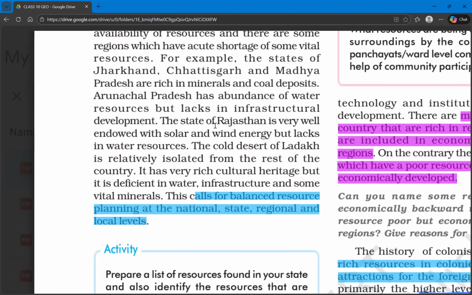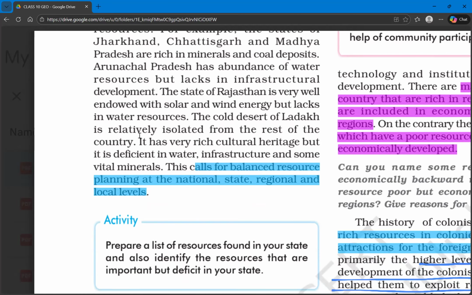Next, the state of Rajasthan is very well endowed with solar and wind energy but lacks in water resources. See, Arunachal has more water but Rajasthan doesn't. And Arunachal doesn't have infrastructure but Rajasthan is endowed with solar and wind energy. The cold desert of Ladakh is relatively isolated from the rest of the country. It has very rich cultural heritage, but it is deficient in water, infrastructure, and some vital minerals.